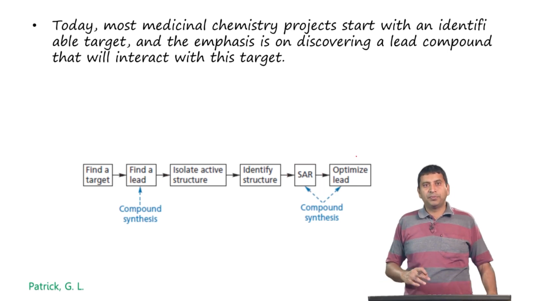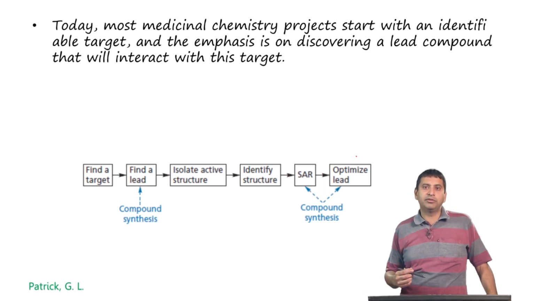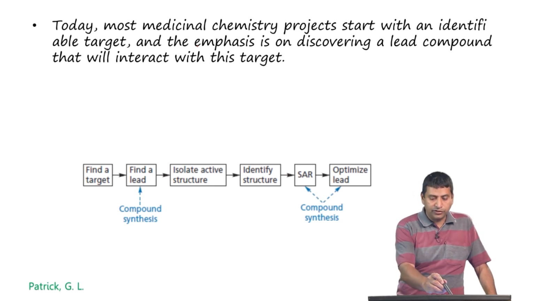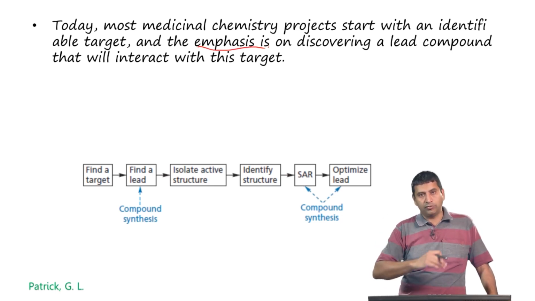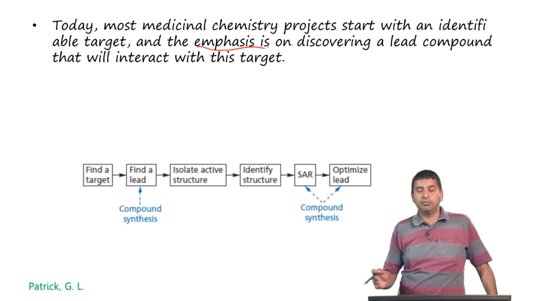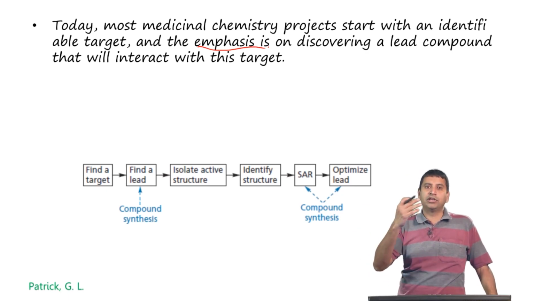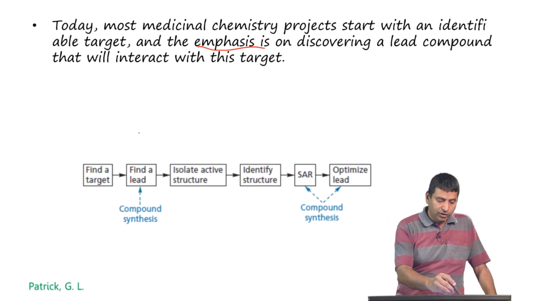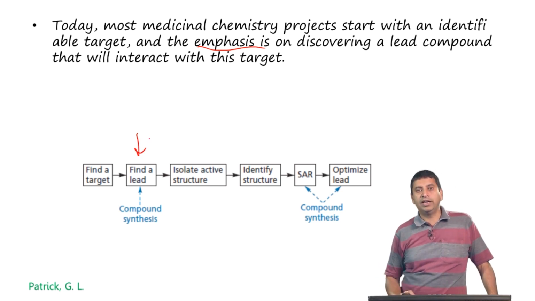So, in recent times, most medicinal chemistry projects start with an identifiable target. And therefore, the emphasis is not on finding a lead which does not have a target, but using the target to discover a lead compound. Here, you would find a lead based on a particular target.